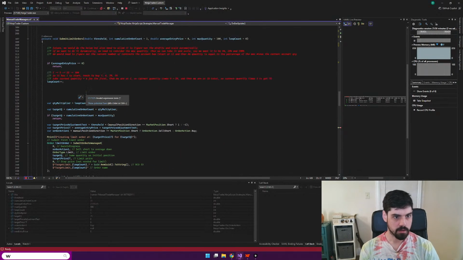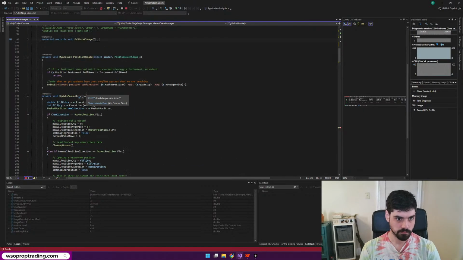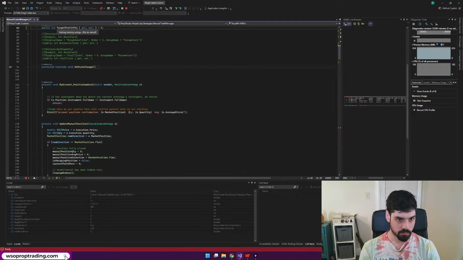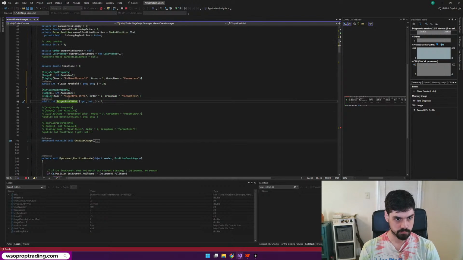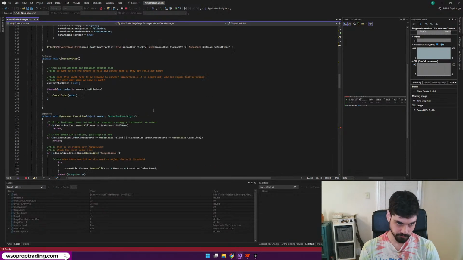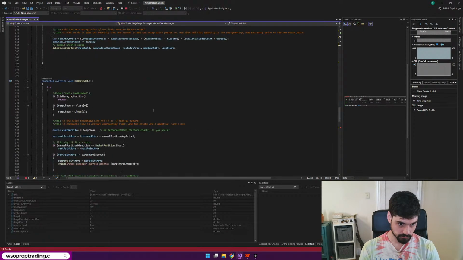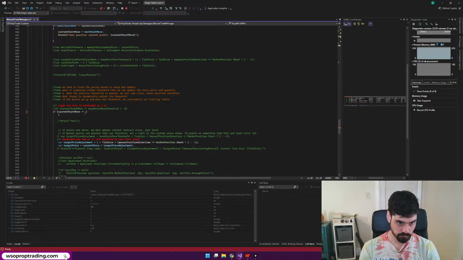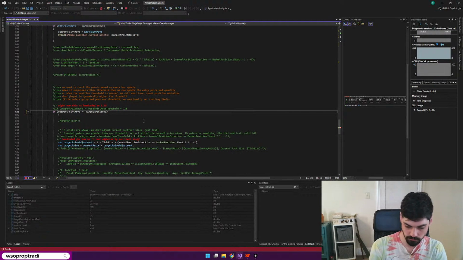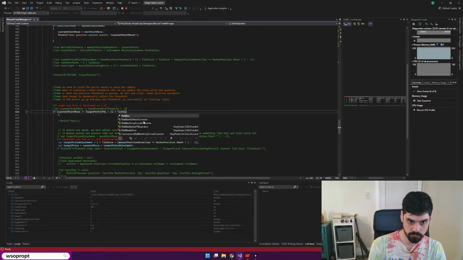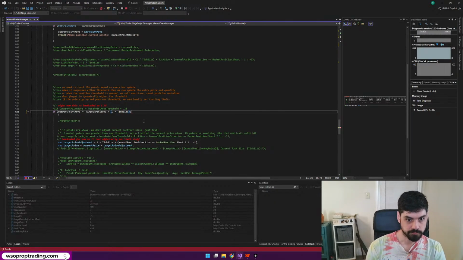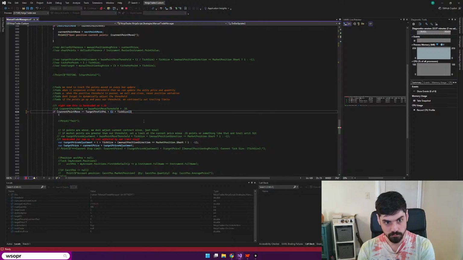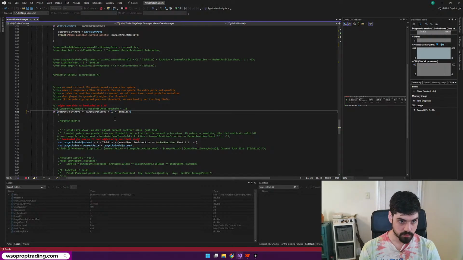What did I call that again? Target profit P&L. So if it's greater than or equal to 2 times tick size, we're bumping it up 2 ticks instead of 1 tick.